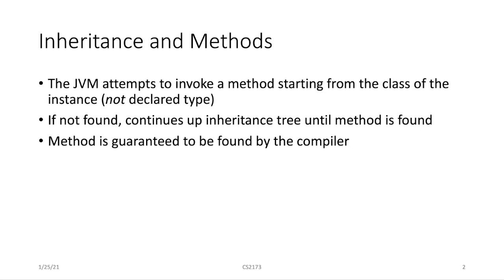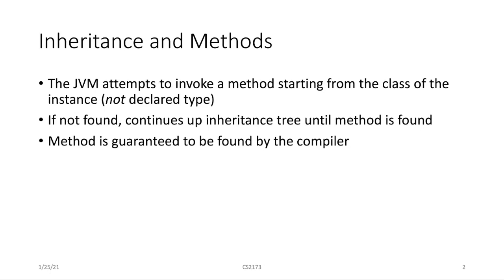Okay, so here's the thing, and this can be a little confusing. It's important to distinguish between the compiler and the virtual machine. The compiler is much stricter than the virtual machine in the following sense. If you define a variable to be a particular type, and this applies to objects, remember, a class is a type.